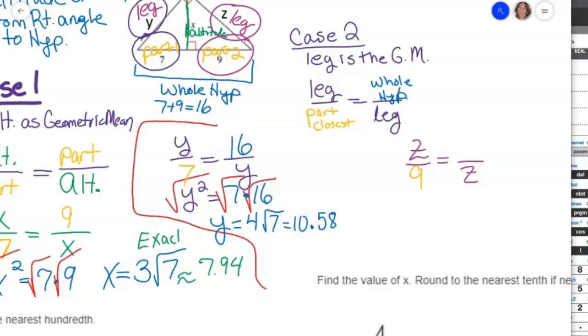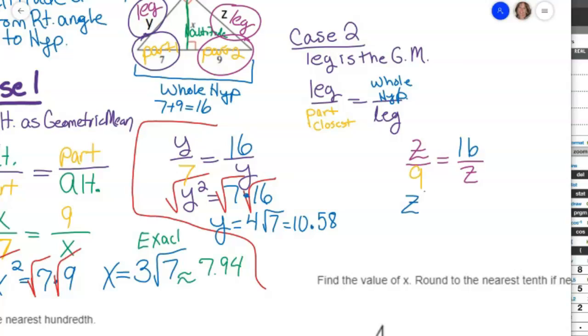Okay, so it's the closest part to that one, but it's still to my whole hypotenuse. Fair enough? So again, you see the difference between having 7 over here and 9 over here. It's whatever part is closest to the value that I'm looking for.